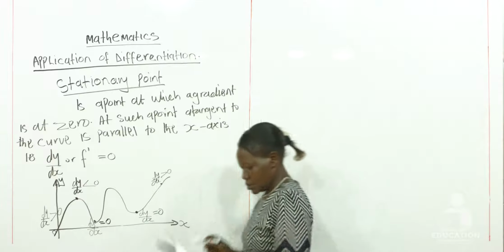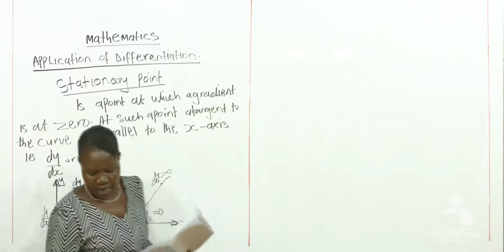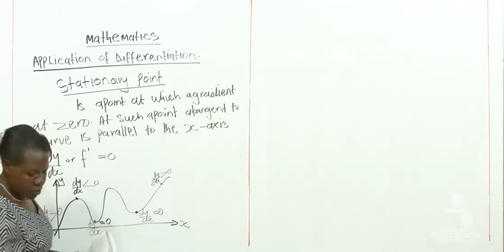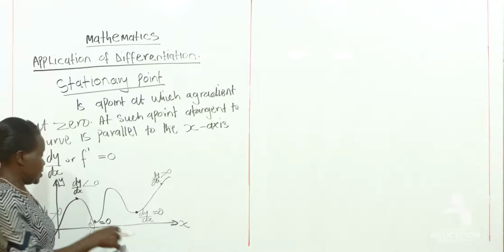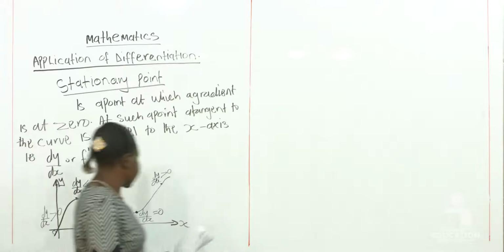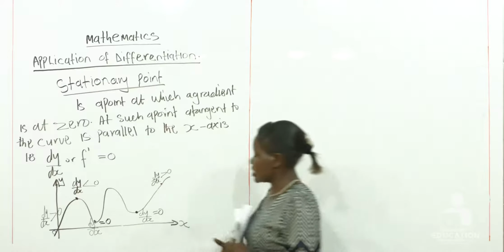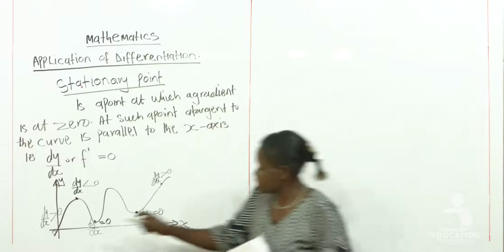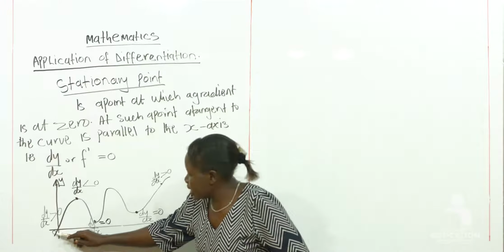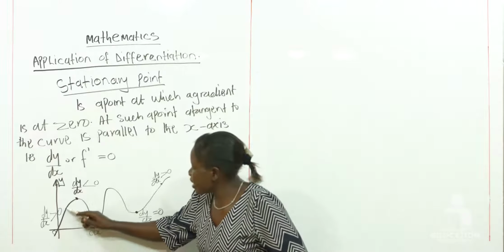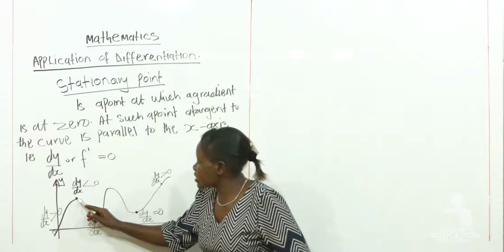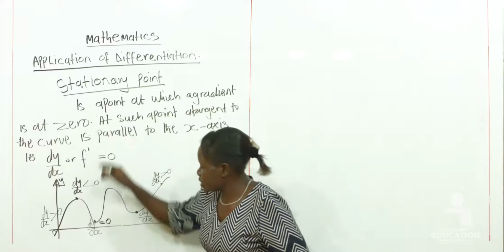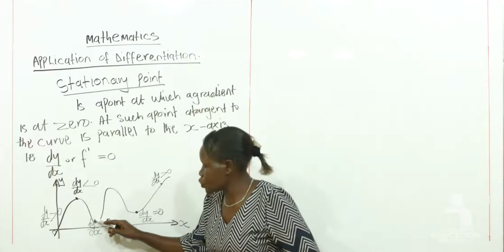So looking at this kind of graph, or curve, you find there are 3 types, or 3 categories, of stationary point. From 0 at the starting point you were climbing, and then you reached a certain point where you can no longer go up, then you begin to slope down.